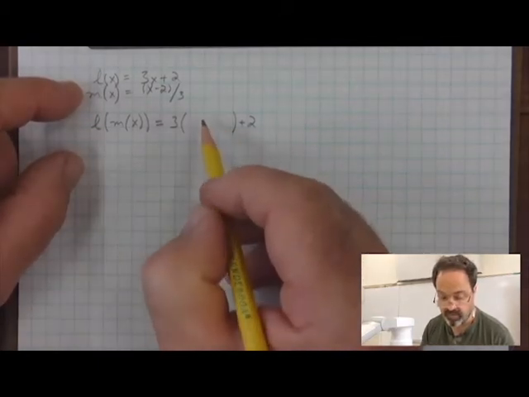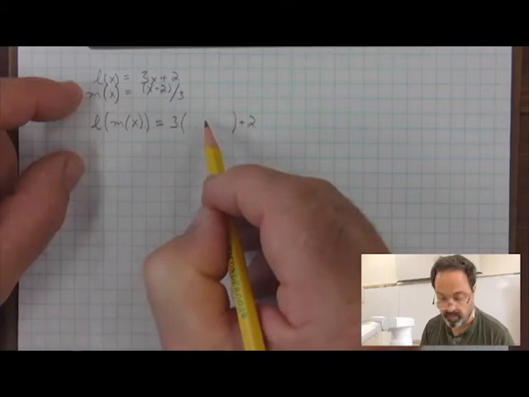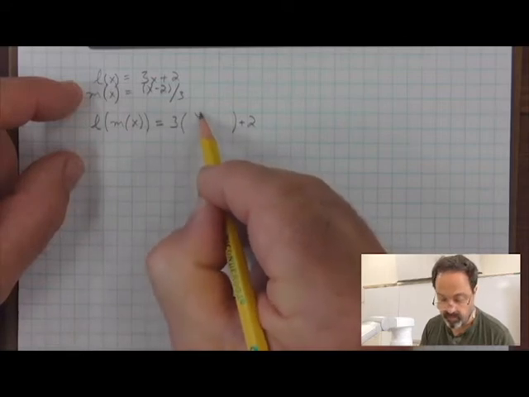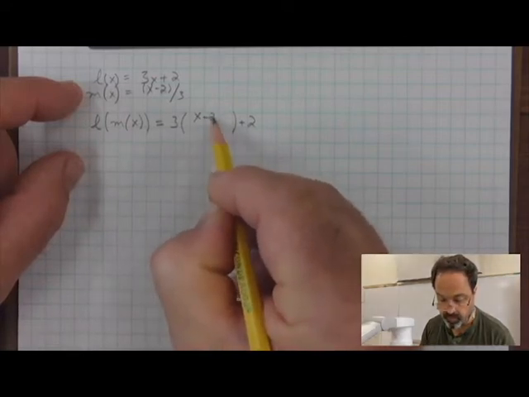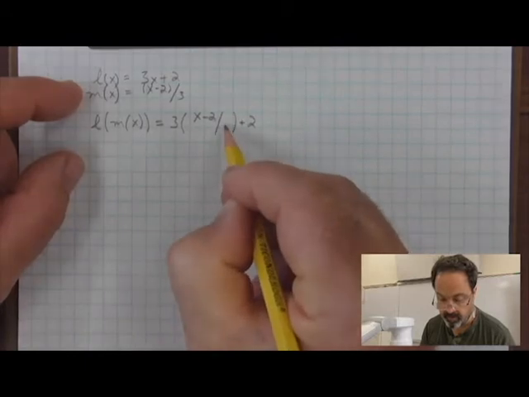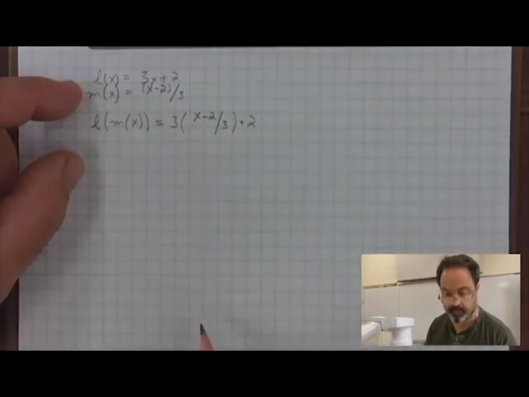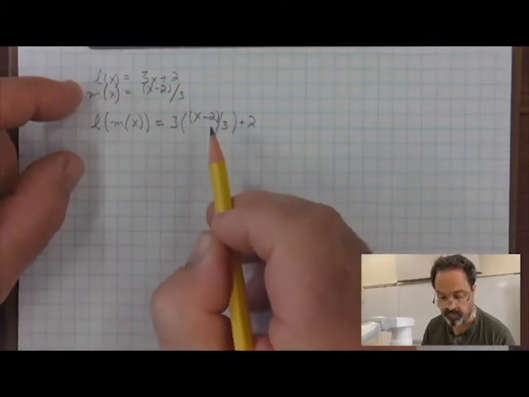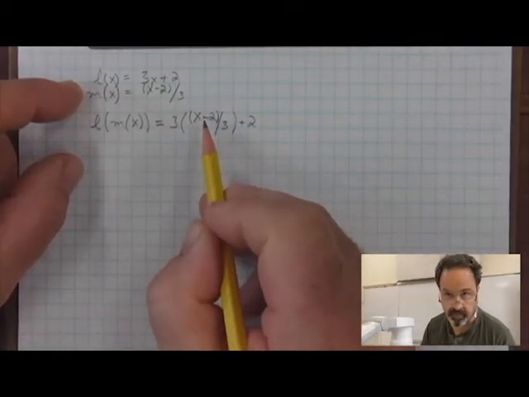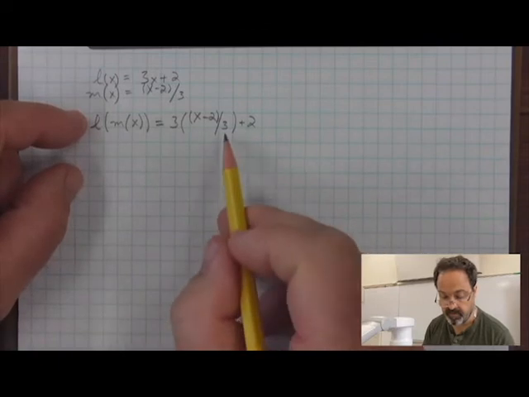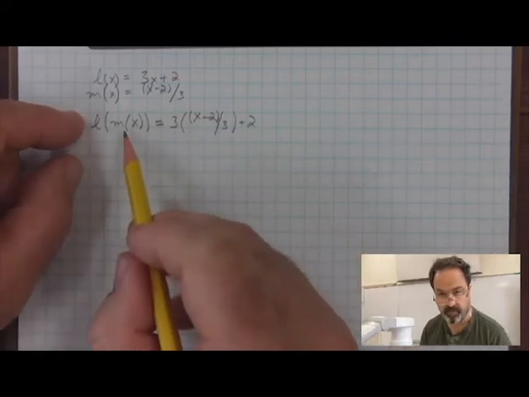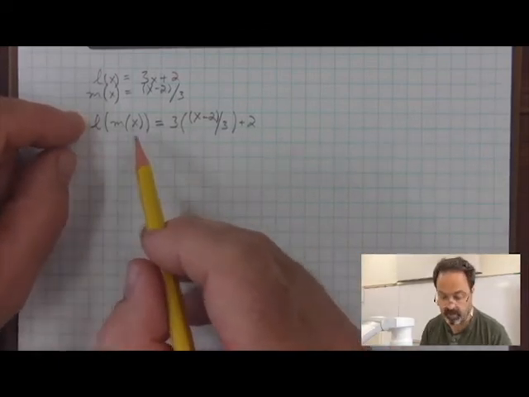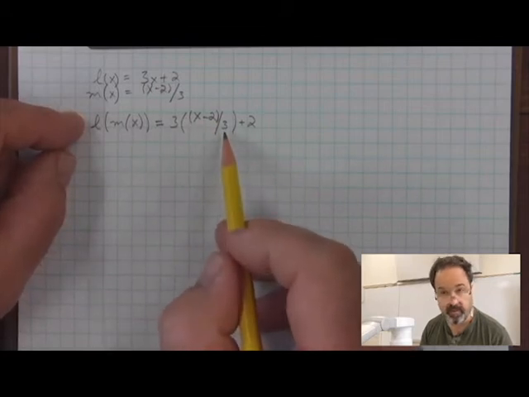And the M function is x minus 2 all divided by 3. So inside the parentheses where I put the input, I'm going to write the expression for M. I'm putting parentheses around the x minus 2 because I want to make sure that I divide all of that by 3. This is the expression for L composed with M. And it looks like I can simplify it a bit.